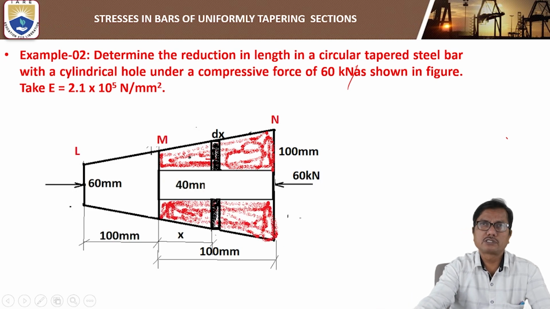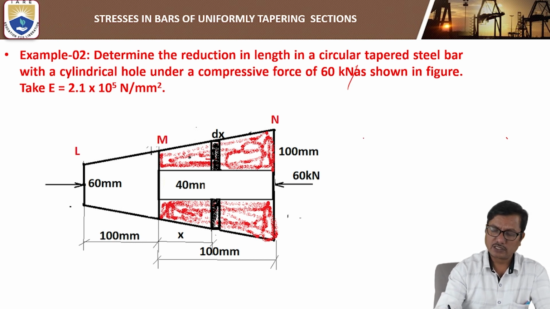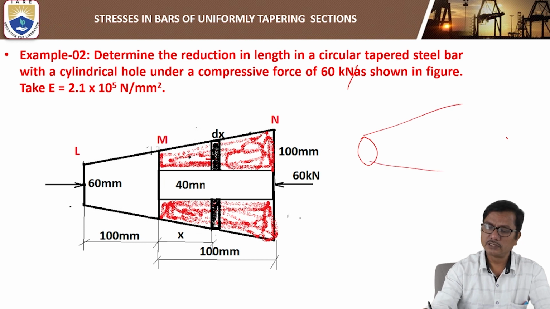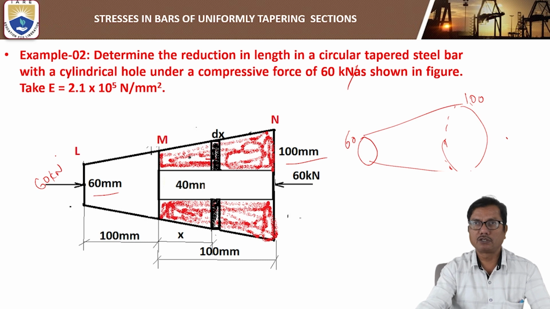Take Young's modulus 2.1 into 10 power 5 Newton per mm square. So the bar is of circular section and tapering from one end to the other end uniformly. At one end it has 60 mm dia, at the other end it has 100 mm dia, and is subjected to a compressive force of 60 kilonewtons.